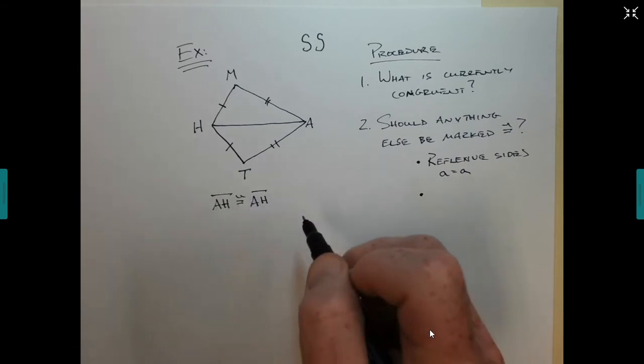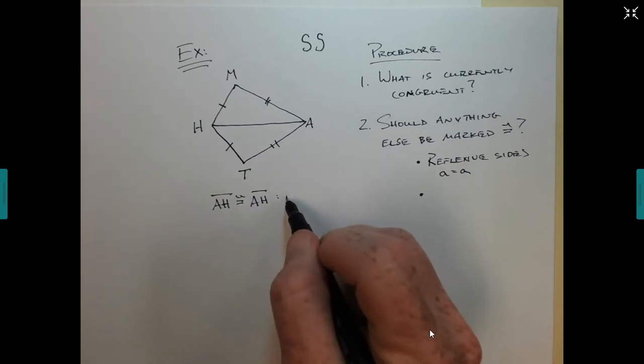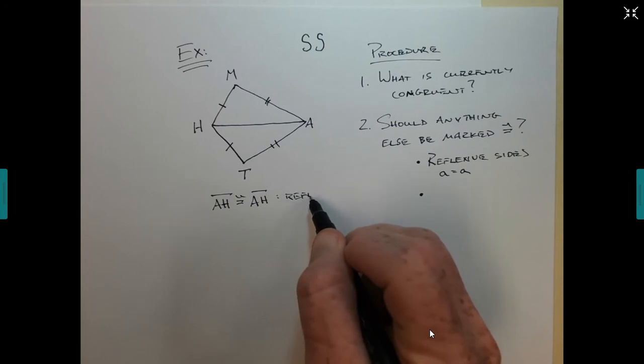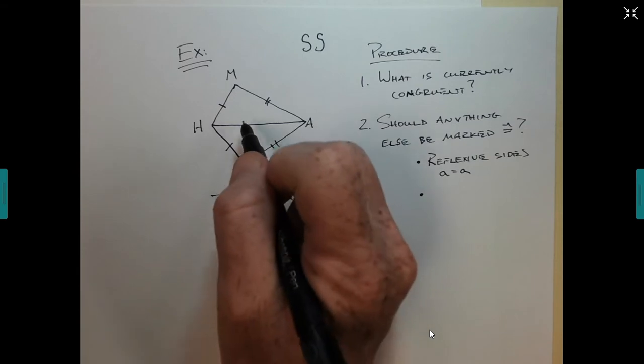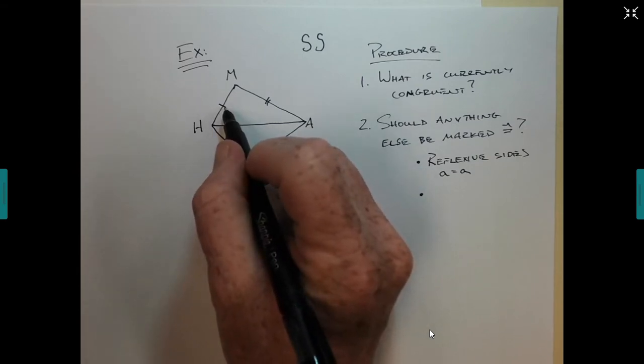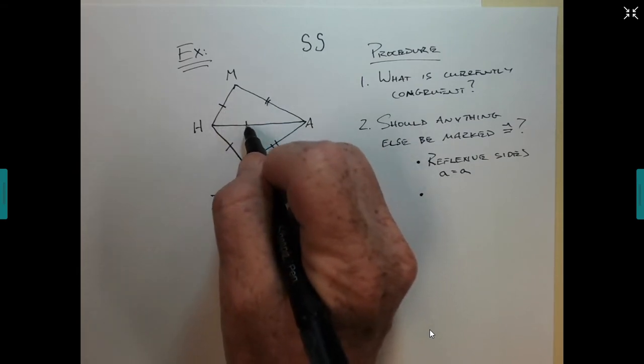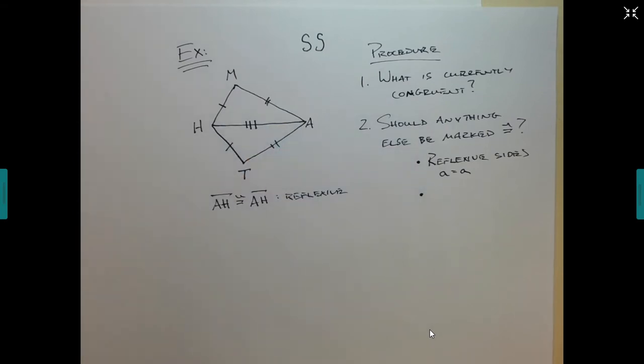Those have to be congruent because of the reflexive property. Which means, be careful, I've already used 1 mark, I've used 2 marks, I can't use that, I need to use 3 marks.